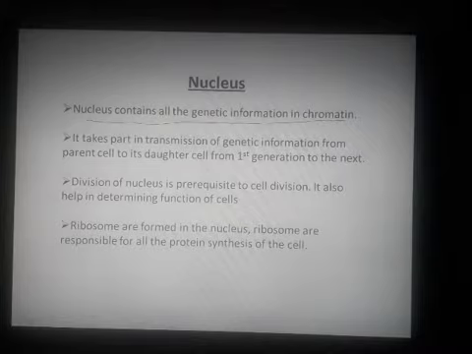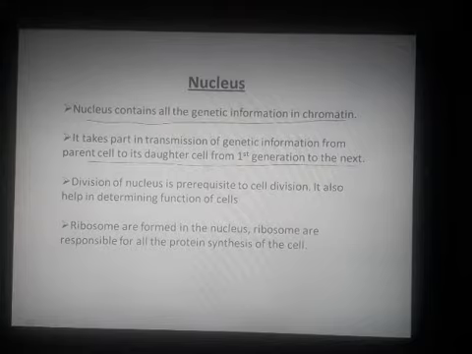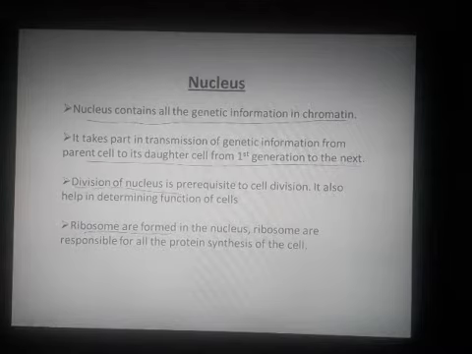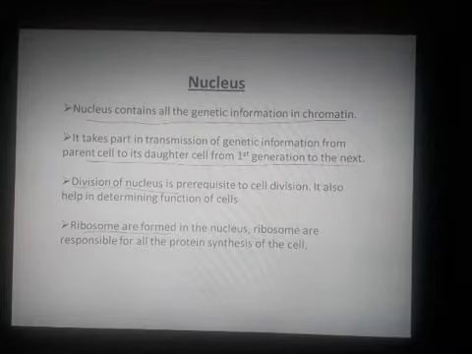It takes part in the transmission of genetic information from parent cell to daughter cell, from one generation to the next. Division of the nucleus is very important, and then ribosomes, which are protein factories, very important, help in growth of cells, growth of your body. They are formed inside the nucleus.